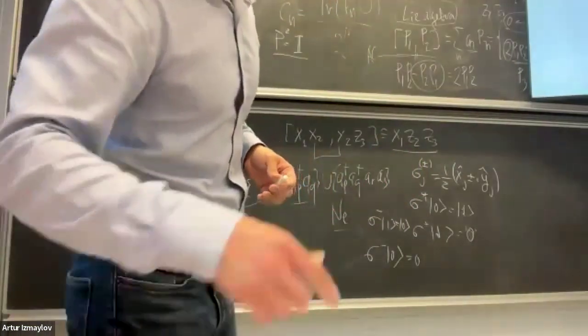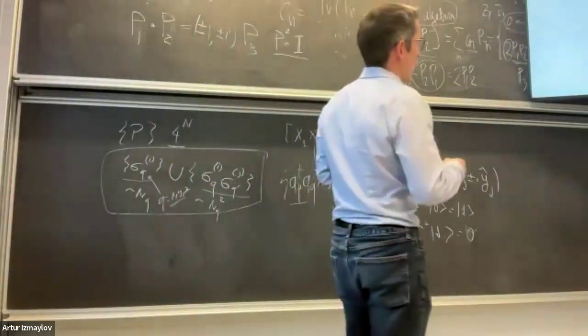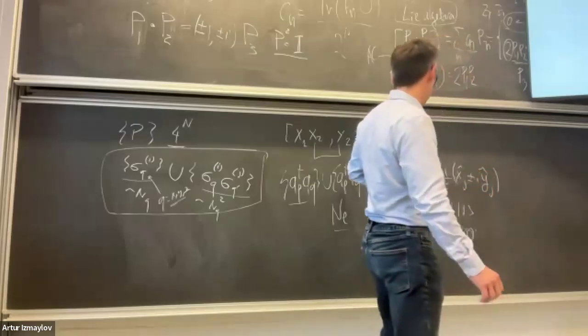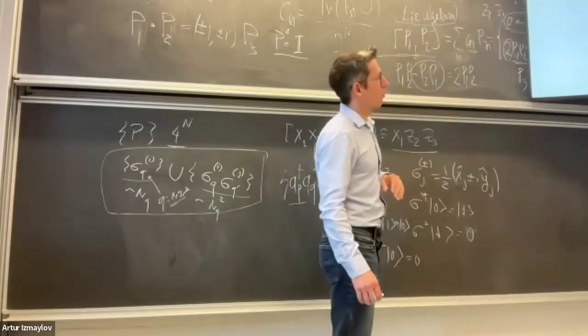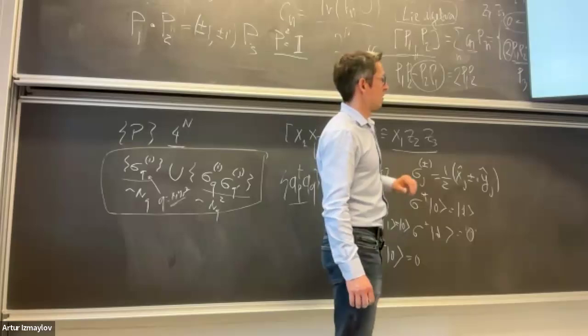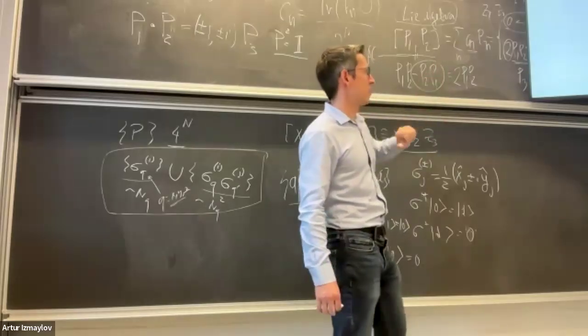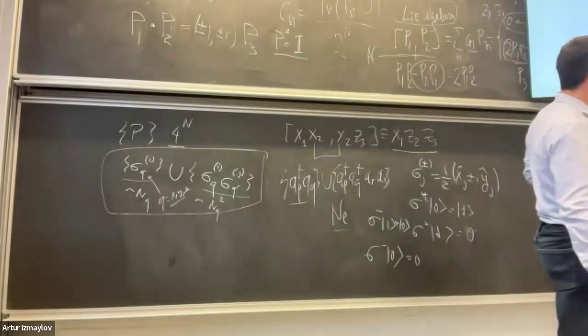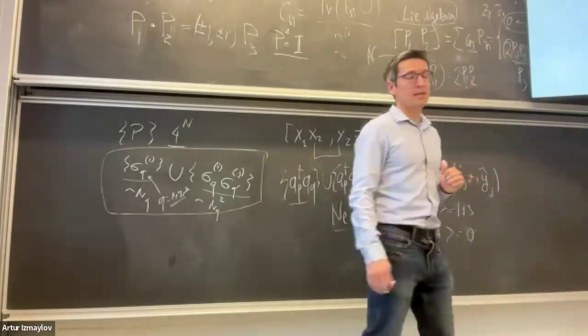And because of that, our mapping becomes nonlinear. So it's not a single Pauli operator traded for a single fermionic operator, but instead we have these products of sigma z's, right?